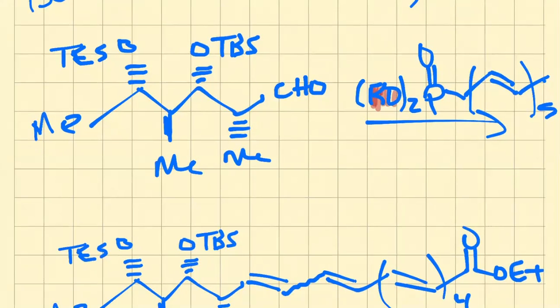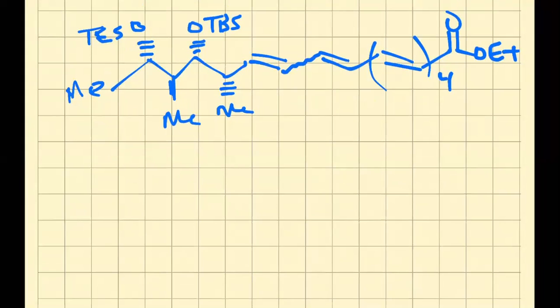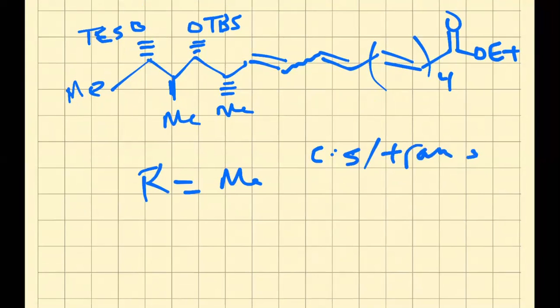If that's a methyl, then the cis to trans ratio is 1.2 to 1.